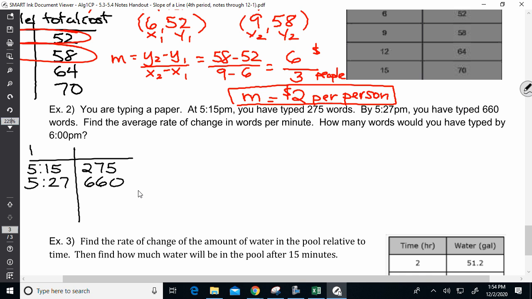So we have time on one side, words on the other. So you have to find the average rate of change, and you have to find how many words you would have typed by 6 o'clock. So it's a 2-part problem. There's an A and a B part.